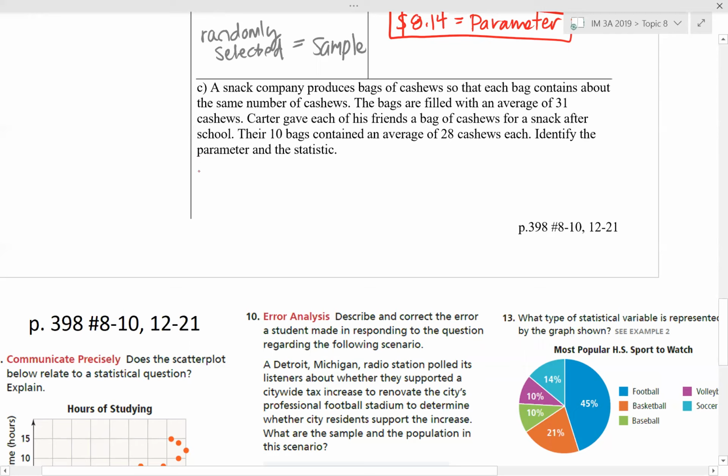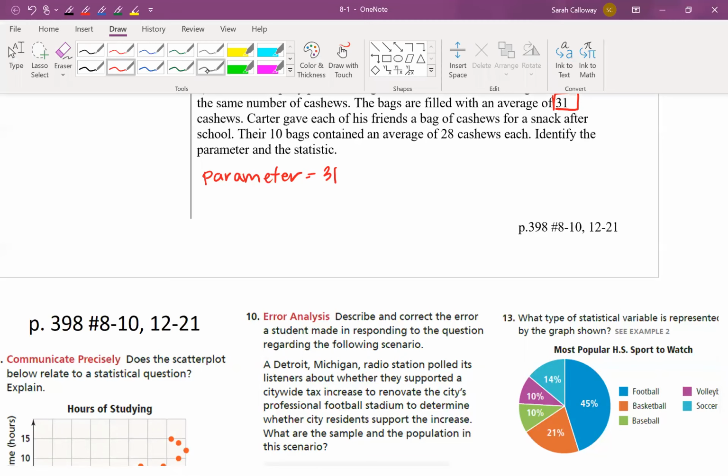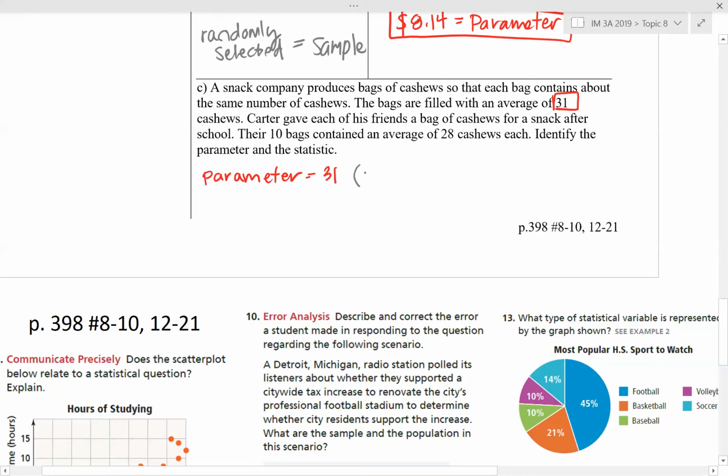So remember that the parameter is the one that represents everything. And so the one that represents everything is the average that's coming from the snack company. So 31 is the parameter because it represents the whole manufacturing.